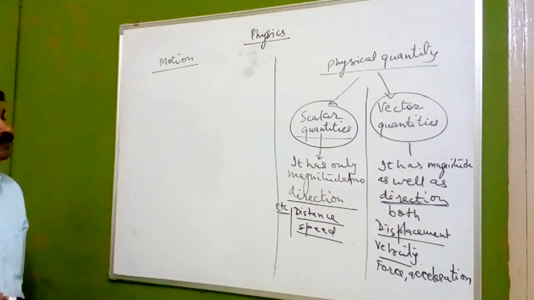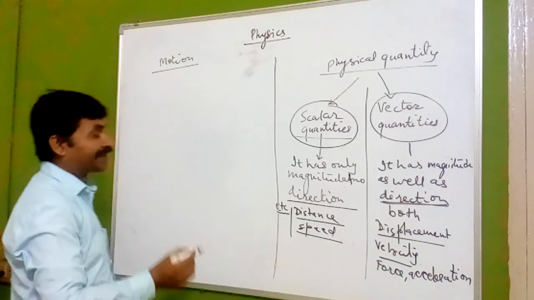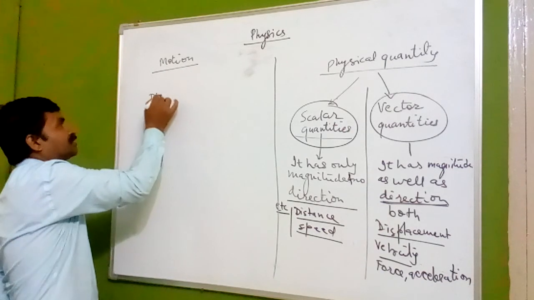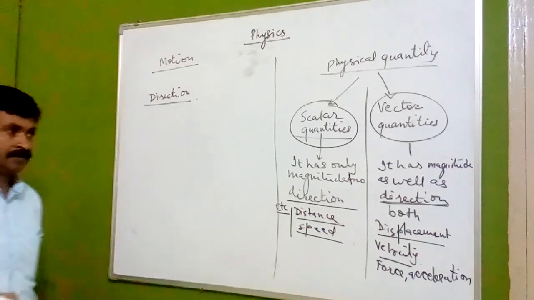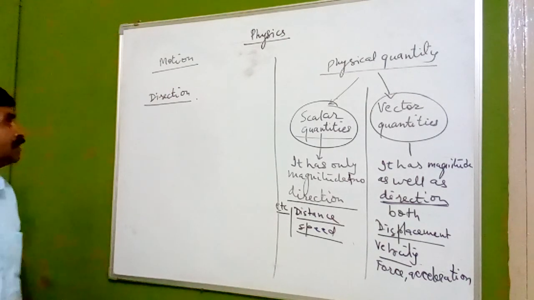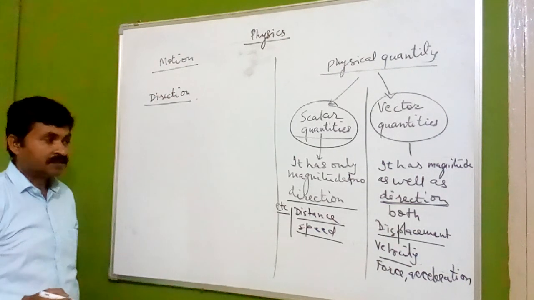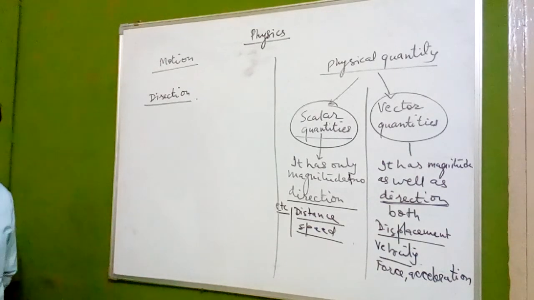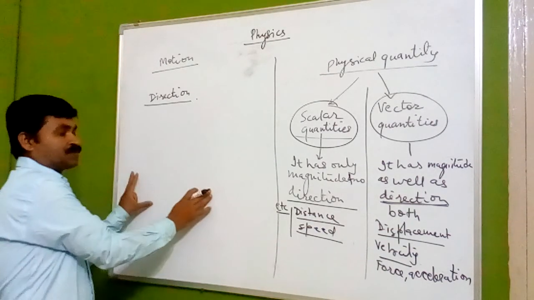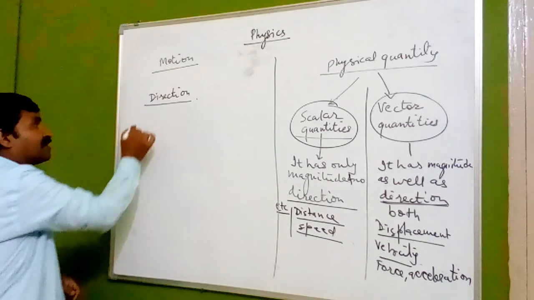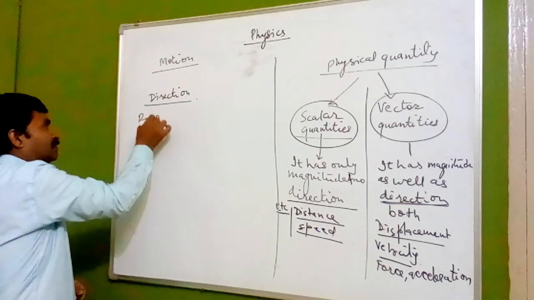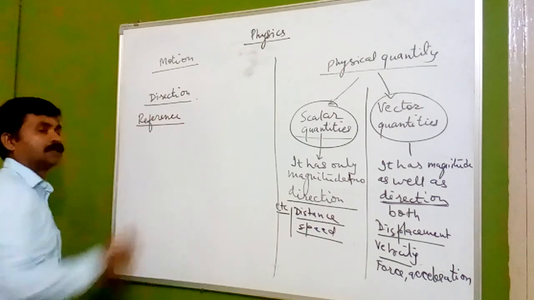So how are we getting the direction? Say I take this board or this wall as a reference. Another word for this is a reference point.